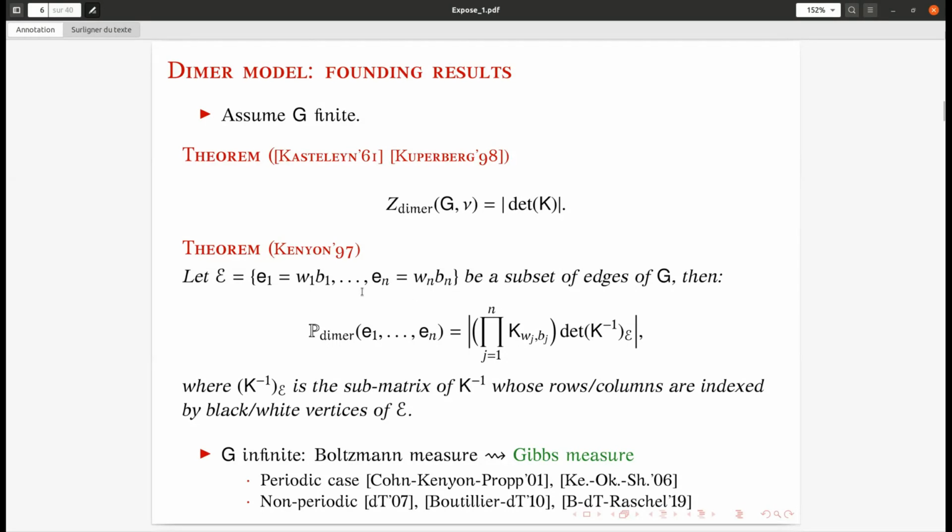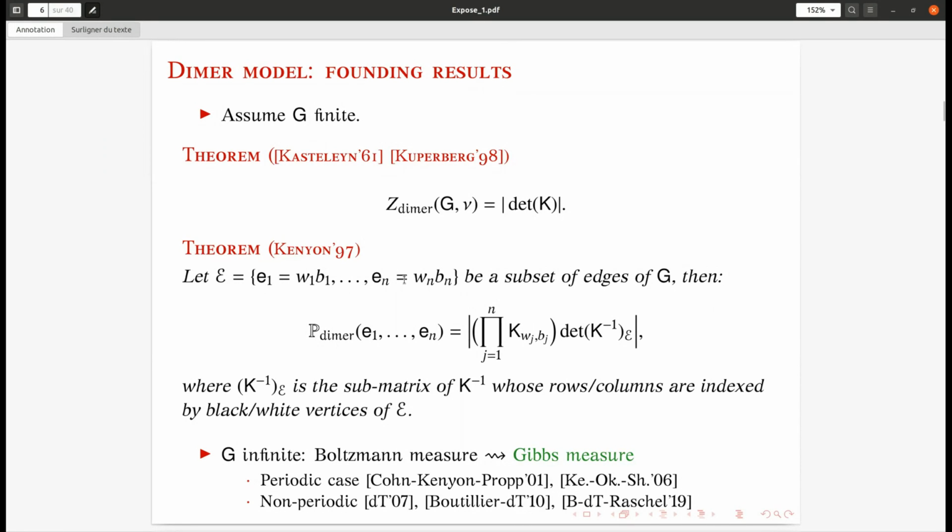So if you consider a subset of edges e_1, ..., e_n, then the probability of all dimer configurations contained in this fixed subset of edges is explicitly given by the product of the Kasteleyn matrix on these edges times the determinant of the inverse matrix restricted to the vertices considered in your subset.